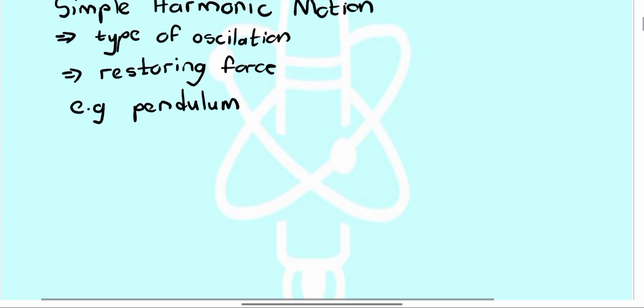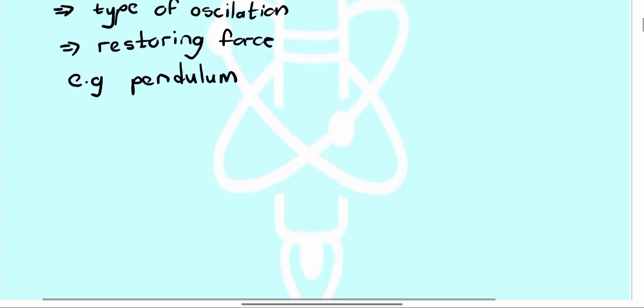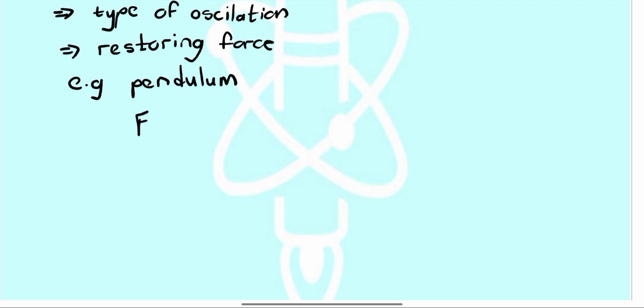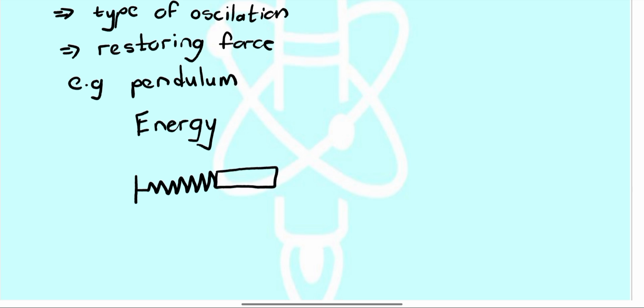Let's go ahead and discuss energy in periodic motion, and we will take a spring as an example. Consider a spring attached to a wall, like this, with a block of mass over here.